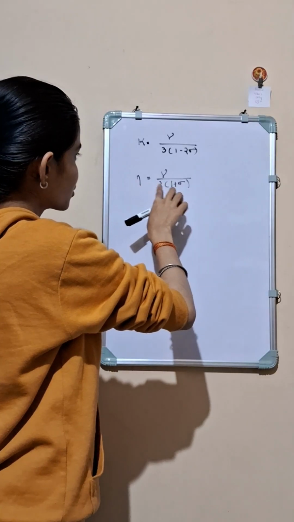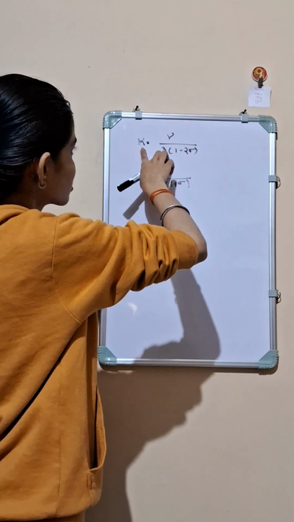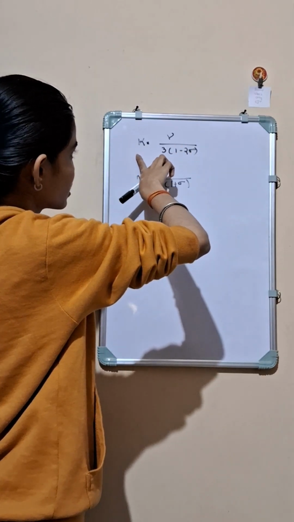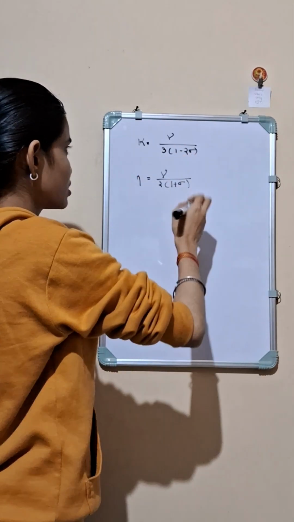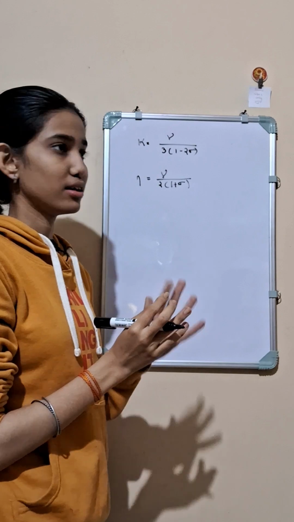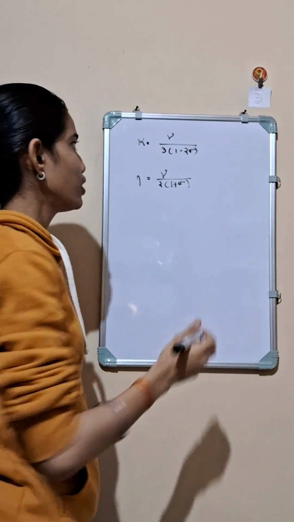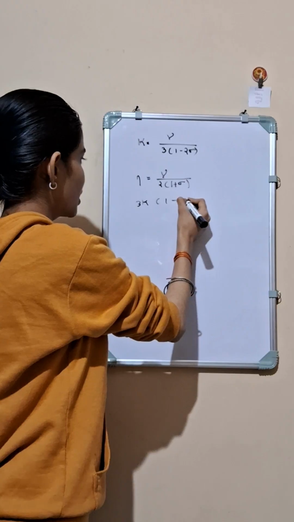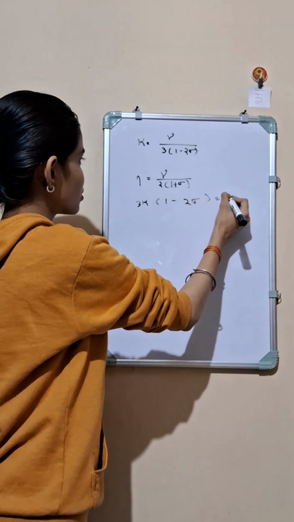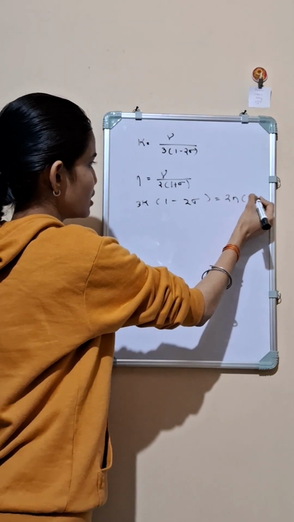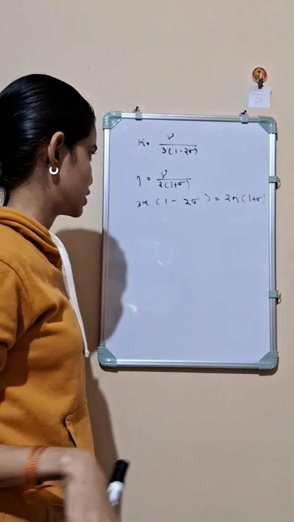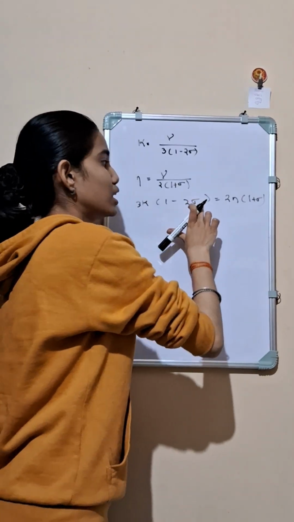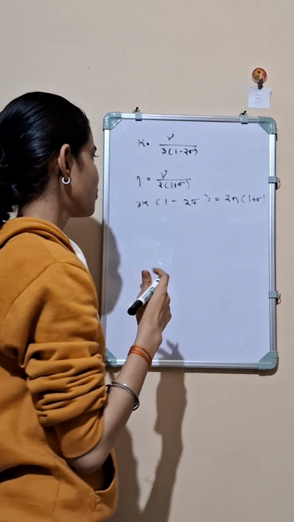Gamma will be equal to 2 eta into 1 plus sigma, and gamma will be equal to 3k into 1 minus 2 sigma. Taking the left hand sides to be equal, we get 3k into 1 minus 2 sigma equals 2 eta into 1 plus sigma. Sigma is the Poisson's ratio, so we are going to find the limiting value of Poisson's ratio.